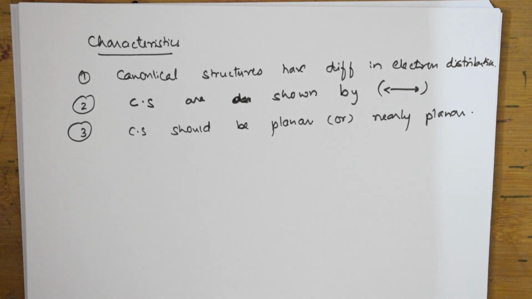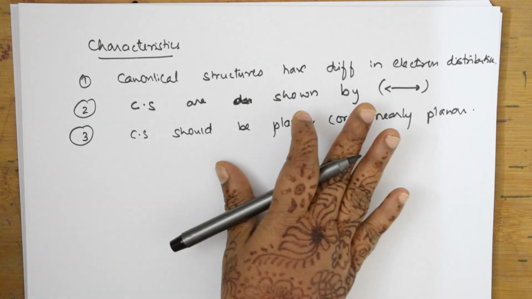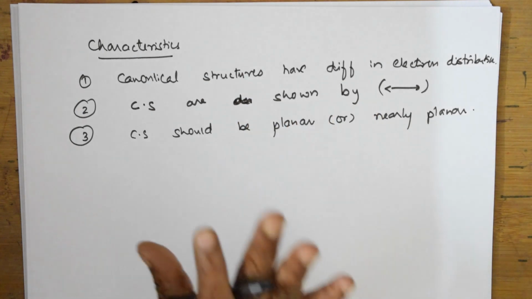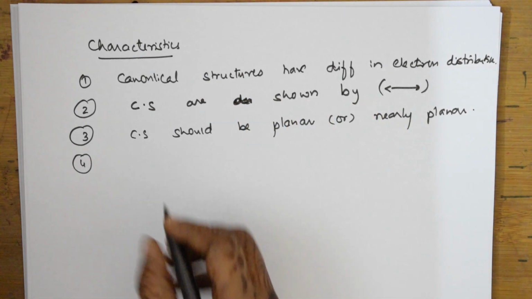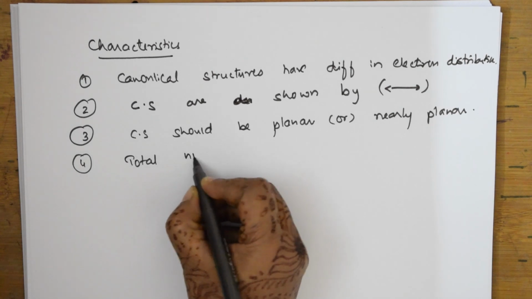Whenever you're drawing canonical structures, remember the total number of paired and unpaired electrons is the same in canonical structures.